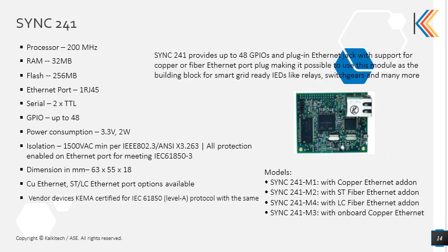Moving on to 241, as we have mentioned, it is a baseboard and a pluggable option is there. So there is a copper Ethernet variant, ST fiber Ethernet, LC fiber Ethernet, and also an onboard copper Ethernet version. Since it is a baseboard and a pluggable board, the dimensions are 63, 55 and 18, and it can support up to 48 GPIOs.